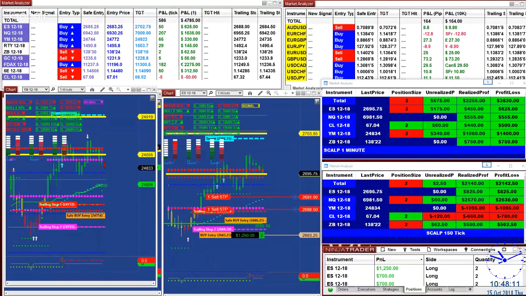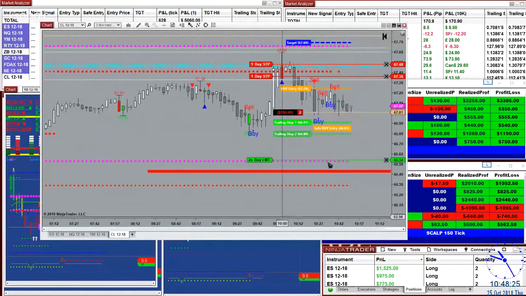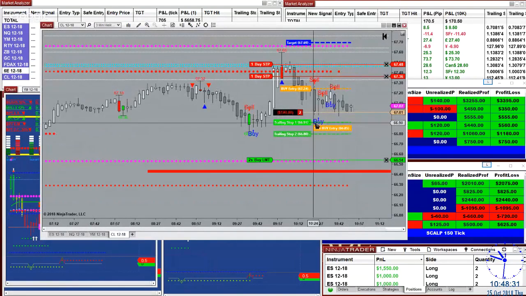We have already on the CL, actually, we have three signals right after the others on the sell side, and it's not going anywhere.